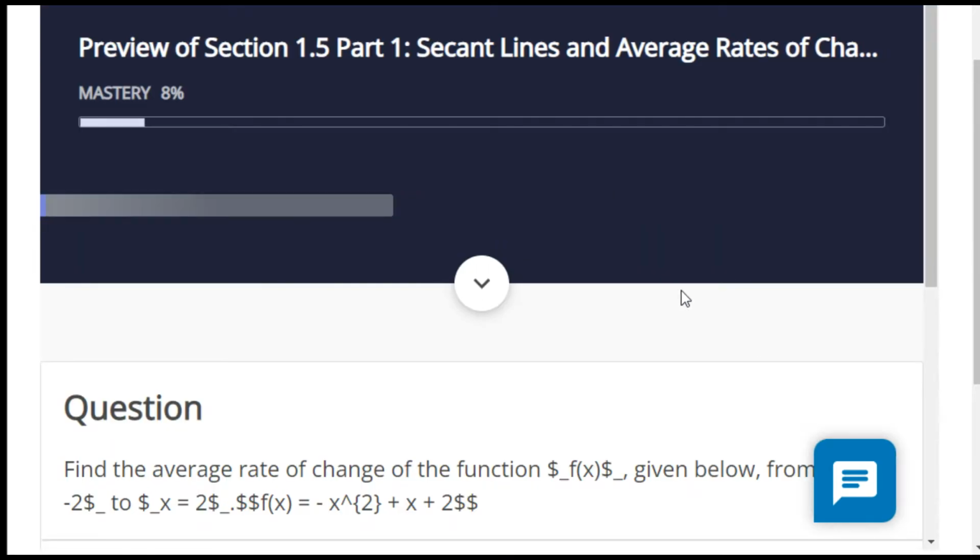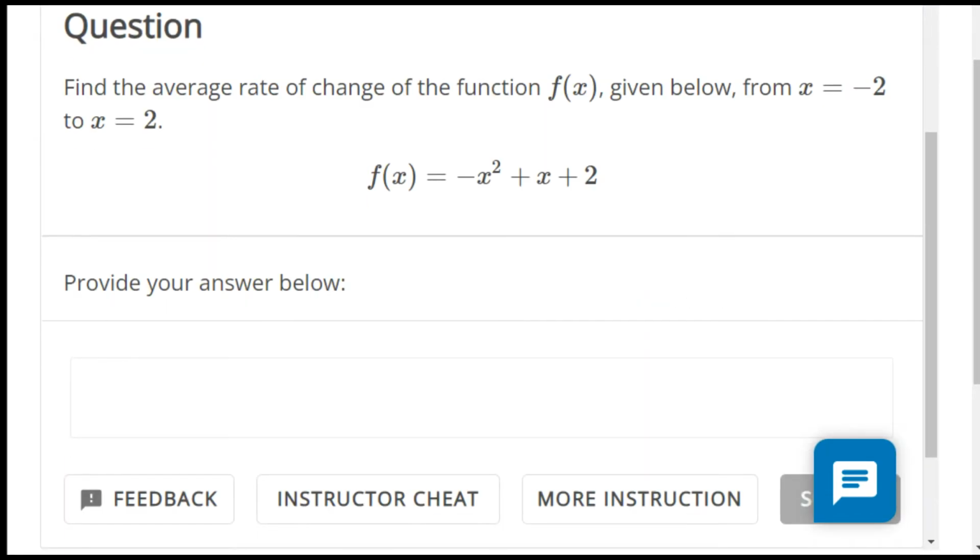Very good. Find the average rate of change of this function, and there's our function. This time, the 2 points in question are both fixed integers instead of having this symbol t.